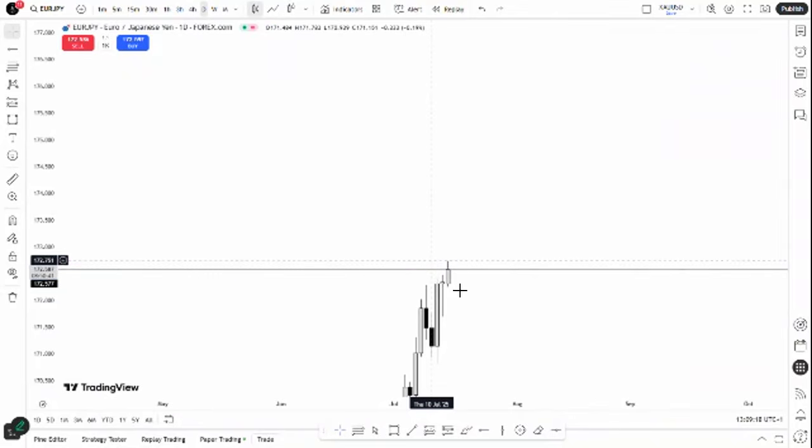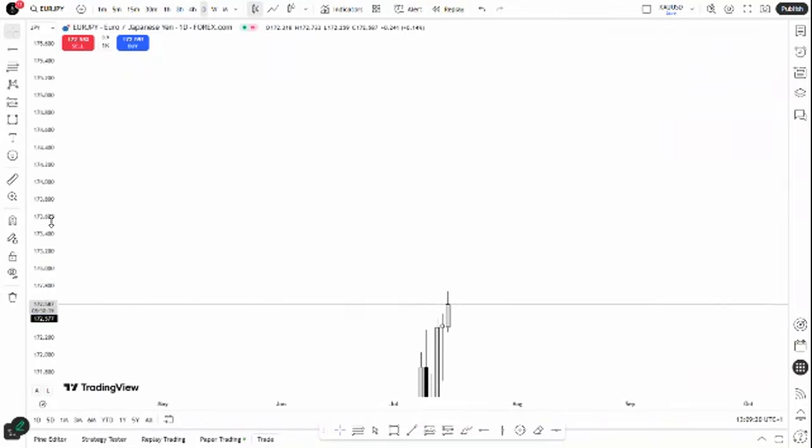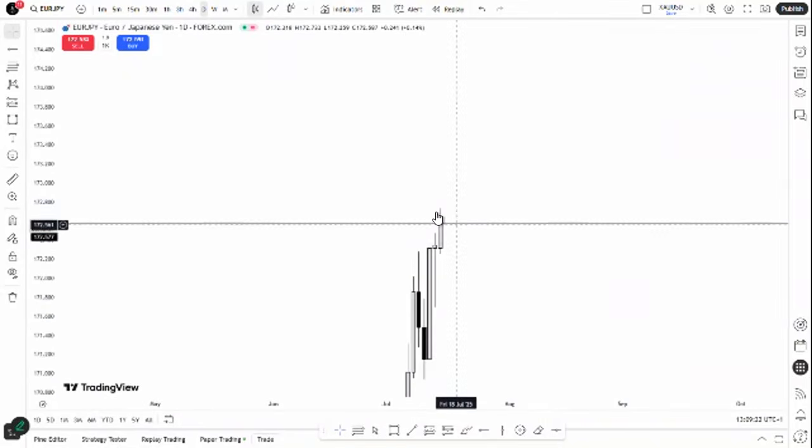Now, the question I want to ask myself is, with this rejection right now, is there a break of structure on the lower time frame? Then I'll put a line there as well.